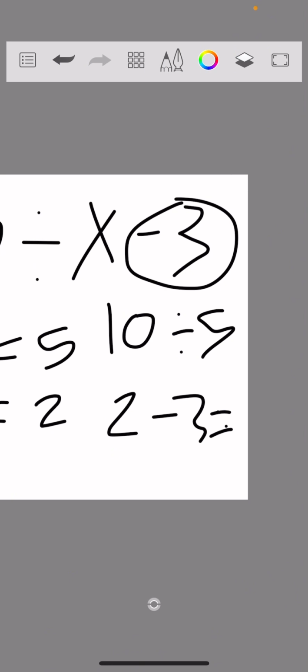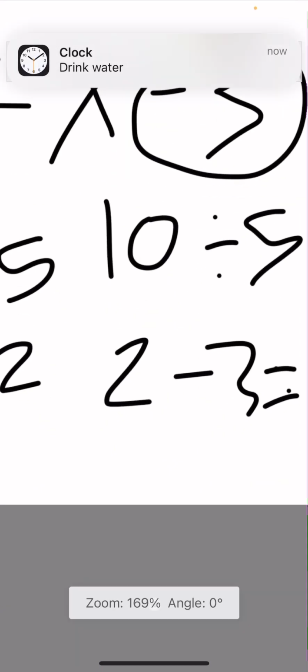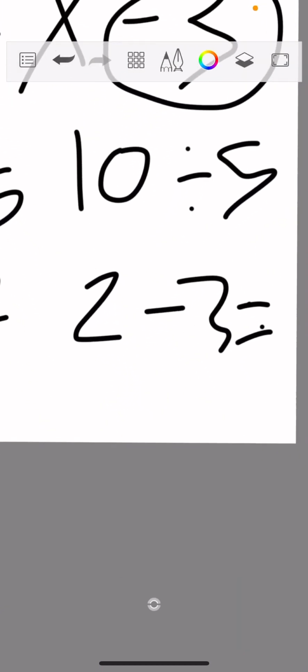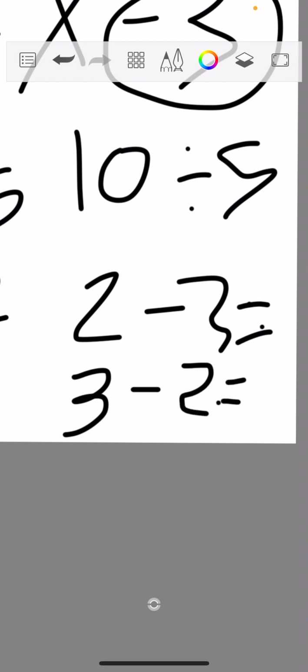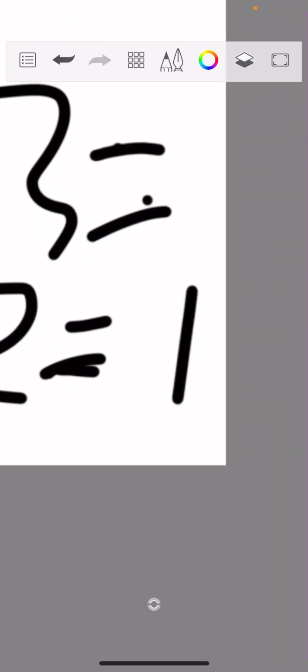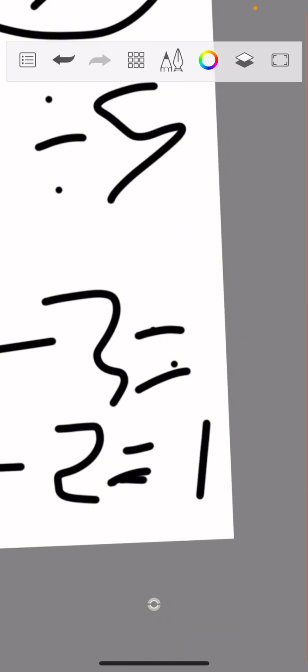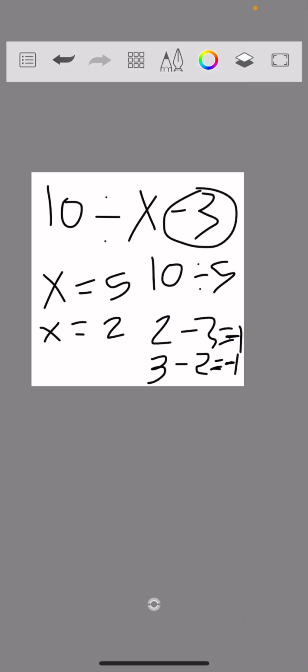And I actually can quickly explain basically a simpler way. 3 minus 2. What do you get? When you do 3 minus 2, you get 1. But then for this, after you flip it, you add a negative before it.